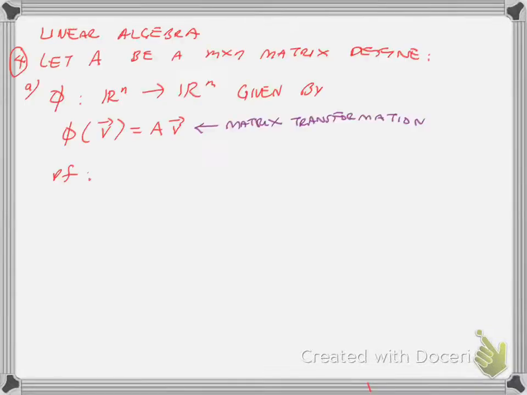Okay. We also can look at this for linear algebra. Okay, so we have in linear algebra, we can let A be an m by n matrix, and we define phi from R^n, so that's an n-dimensional vector space, to R^m, given by phi of some vector v, which is in R^n, equals A times vector v.